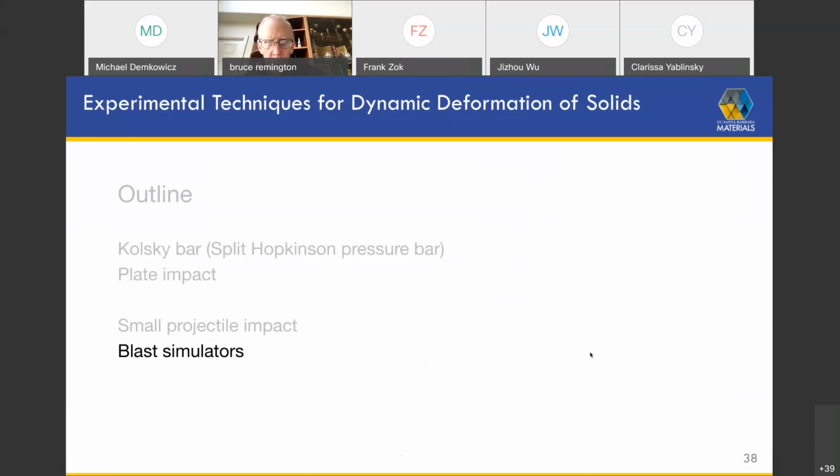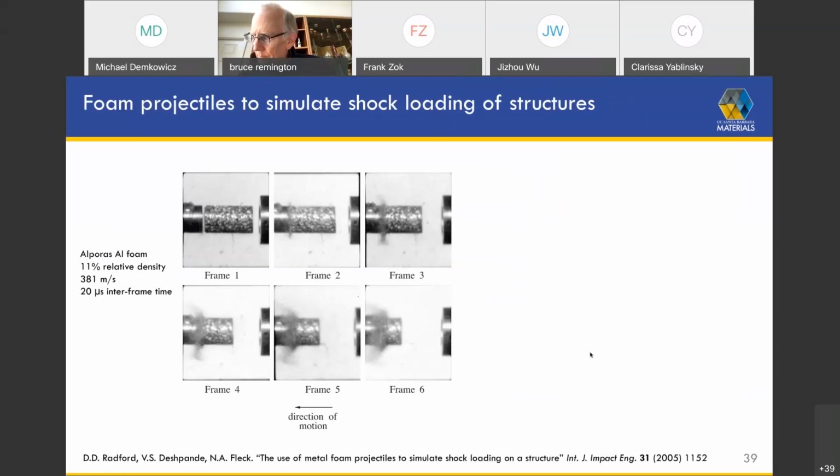Okay, in the remaining time, I'll just talk briefly about blast simulators. As I mentioned at the outset, we are interested, particularly being in an academic institution, in trying to apply loads to structures that mimic the pressure time histories associated with an explosive event.